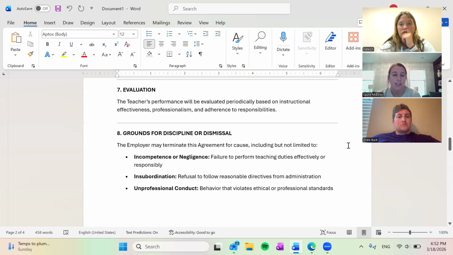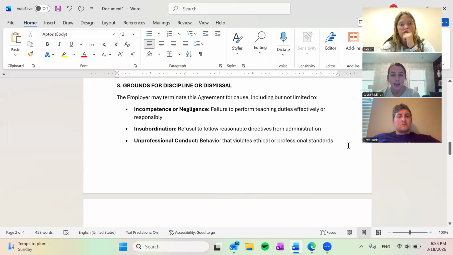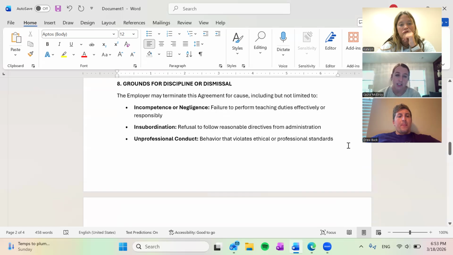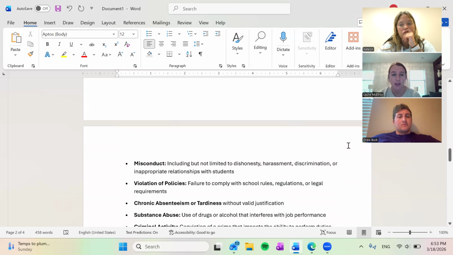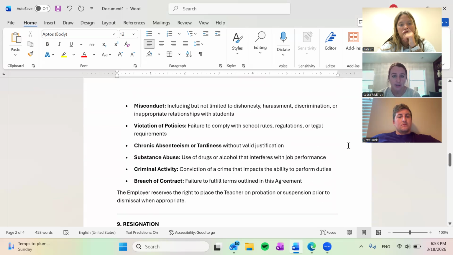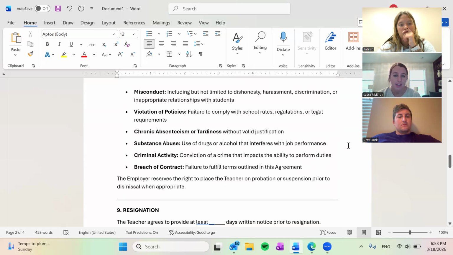Then your discipline or dismissal. This is when it gets into if you are not abiding by these different things, then you could be terminated from this position. So they're talking about incompetence or negligence, insubordination that we talked about in our chapter, unprofessional conduct with your behavior and making sure it's ethical, misconduct, violation of policies, absenteeism.